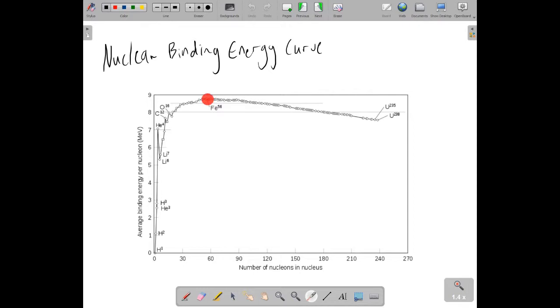If you wanted to take nuclei from this region and fuse them together to make nuclei that were bigger, that would require giving them energy. That process absorbs energy and is known as an endothermic process.